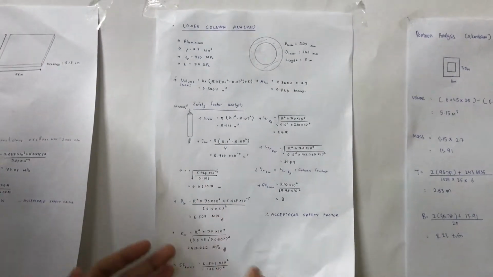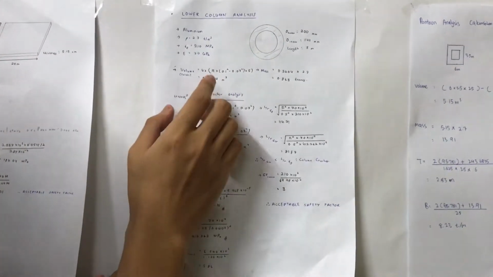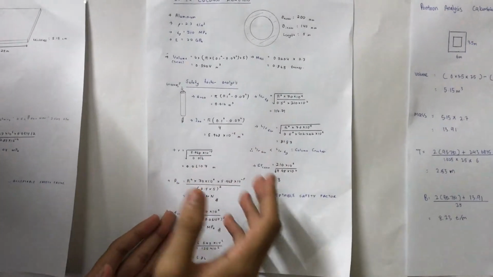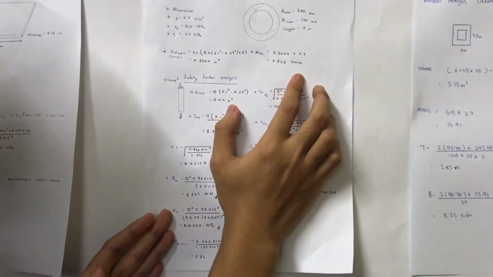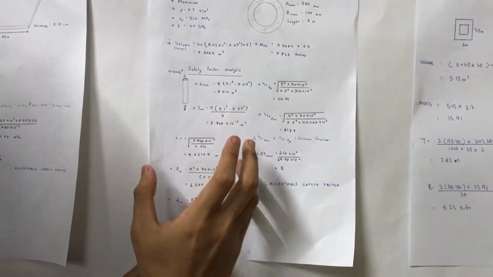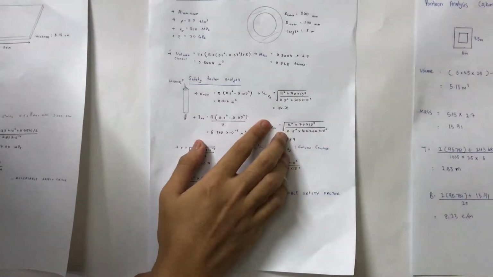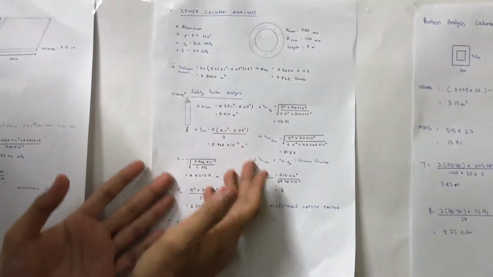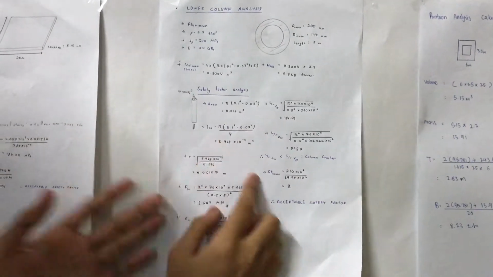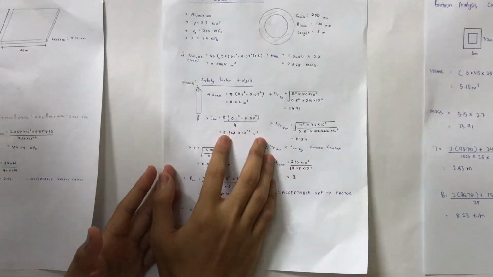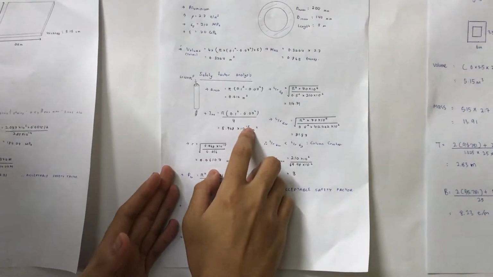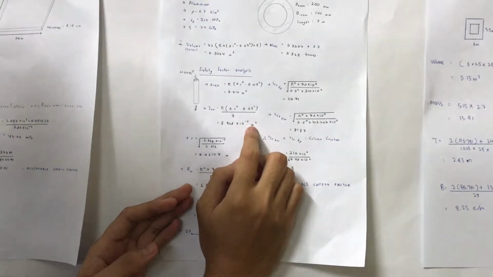And we get the total volume of the columns is 0.3204 meter cube, and the total mass of the column is 0.865 tons. So as we can see, after we calculate the column analysis, we consider safety factor analysis. We calculate the area, where the area is 0.016 meter cube, and the INA we got is 5.968 times 10 to the negative 5 meter 4.